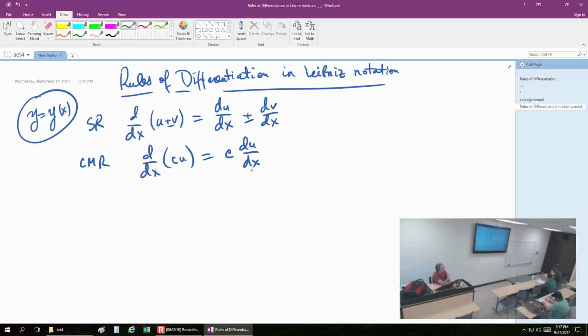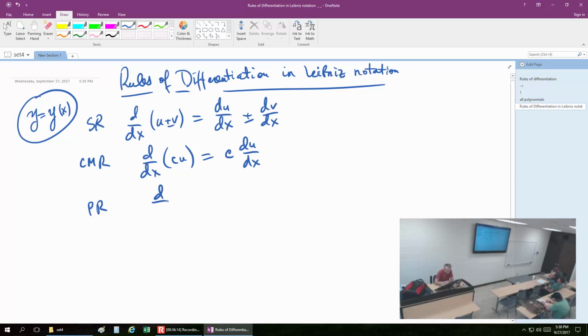It is unspecified, which is good news, because the rule applies to a bunch of functions at the same time. On the other end, what comes out is a new function. So the left-hand side is that function of functions, and on the right is the output of that function. And these are just rules of how that thing works.